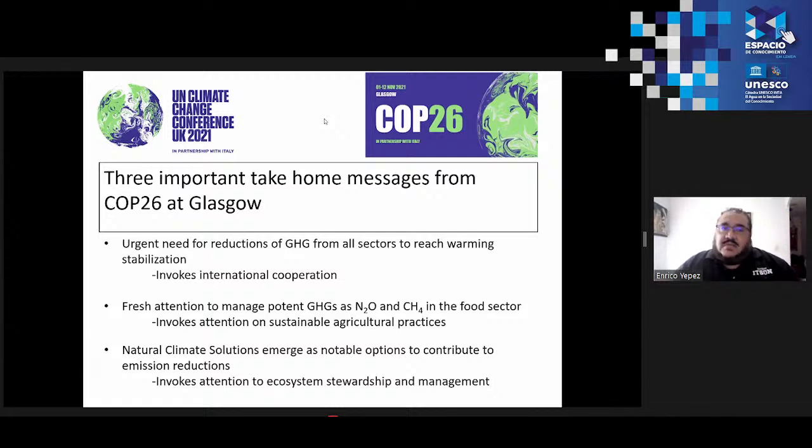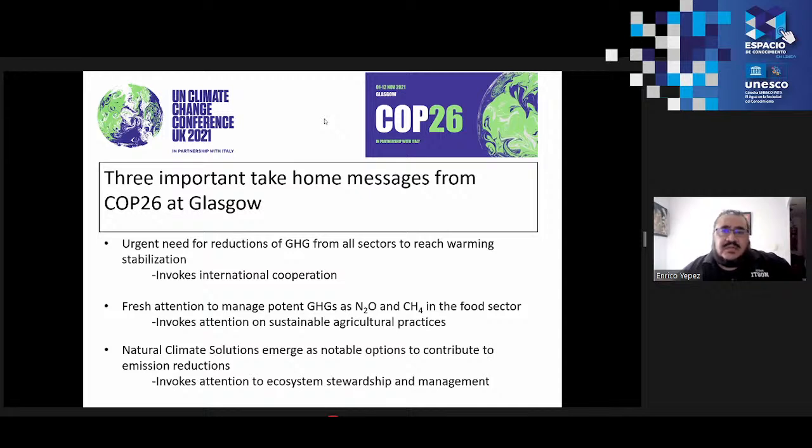There was a lot to be said in this conference, but some take-home messages that we can engage on, particularly regarding the expertise that has been growing in my research group, are these three important points. First, there's an urgent need for greenhouse gas reduction so we can stabilize warming.